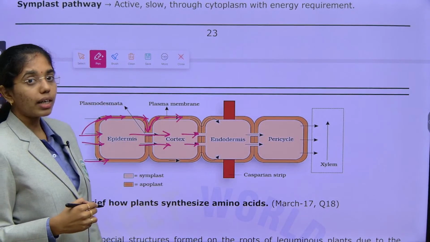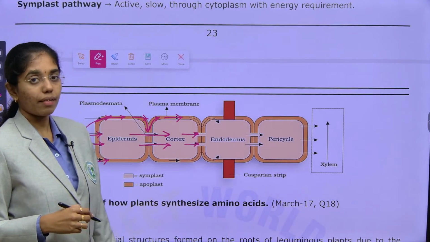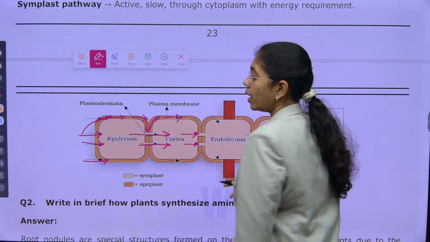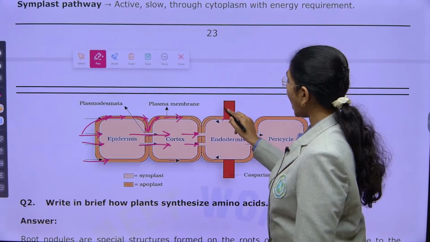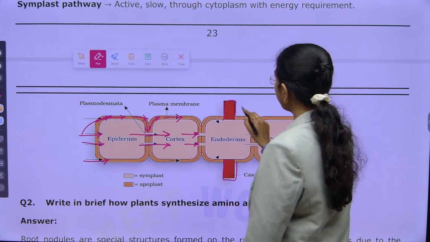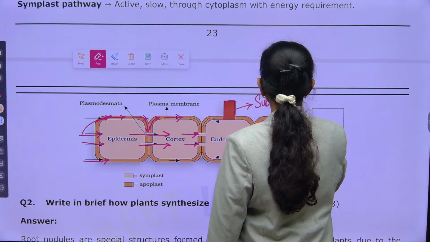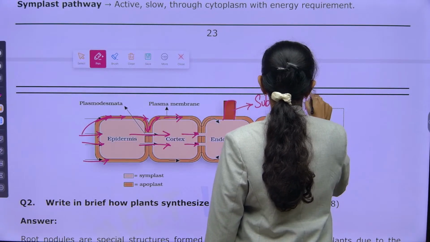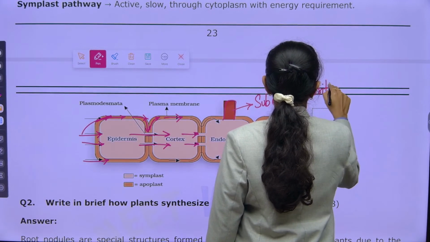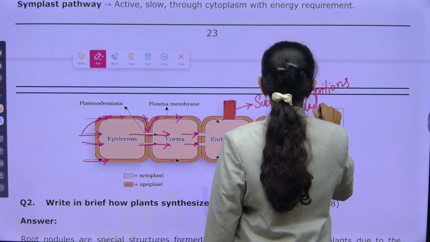So we have learnt in anatomy, in 11th standard, right, that the endodermis cells of the roots will have suberin depositions in their radial and tangential walls.